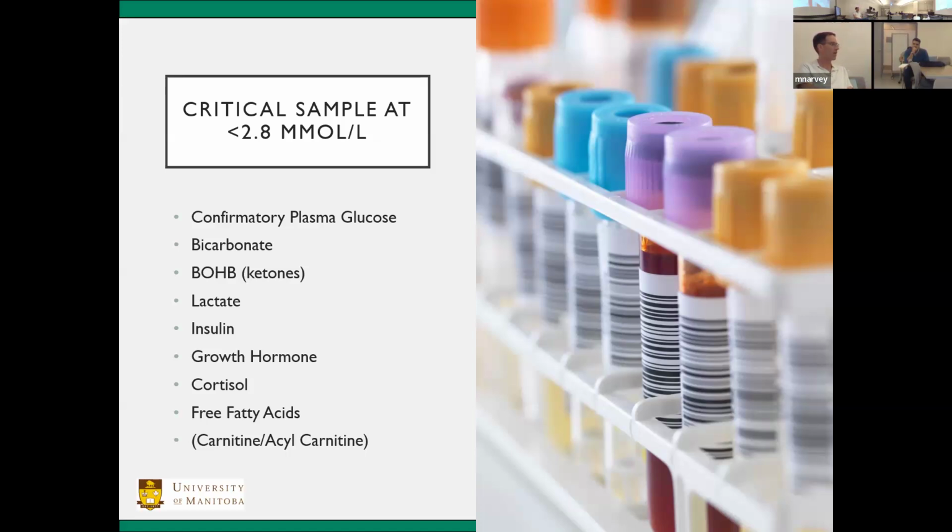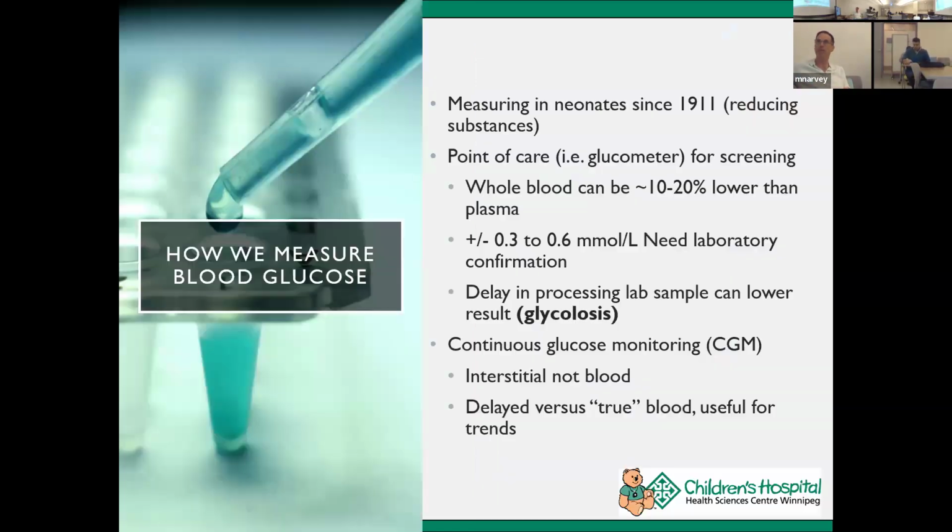If there are no ketones, that could be due to either a beta oxidation defect in the liver for hepatic metabolism of fatty acids, or it could also be hyperinsulinemia. Also lactate, insulin, growth hormone, cortisol, free fatty acids, plus or minus carnitine, depending on where you are in the world. If you have a high incidence of carnitine transporter deficiencies, you may want to include carnitine. We don't typically do that here as an initial workup.